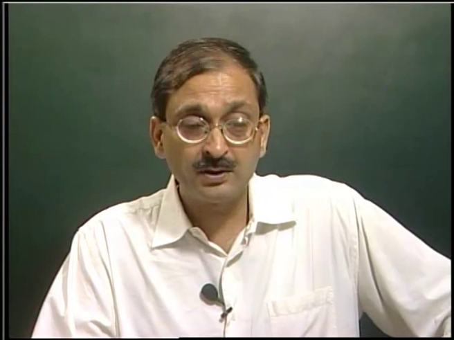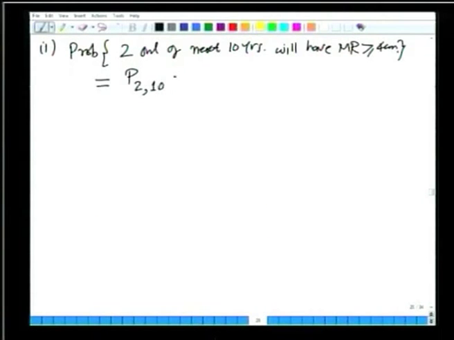That will be, as per binomial distribution, will be what? P subscript 2, 10, and as per the formula we can write it as what? It will be 10C2 p to the power r. What is r? R is 2, okay, exactly twice, and q to the power n minus r, all right, n is 10 minus 2, okay, and we can then put the values of p and q and expand this combination, permutations and combinations.